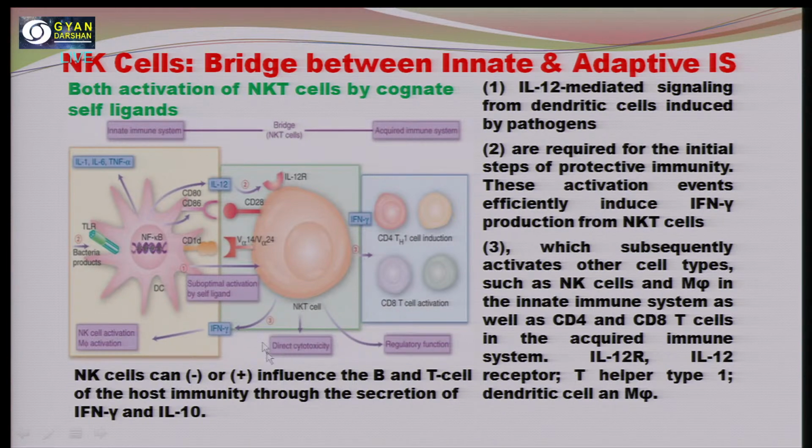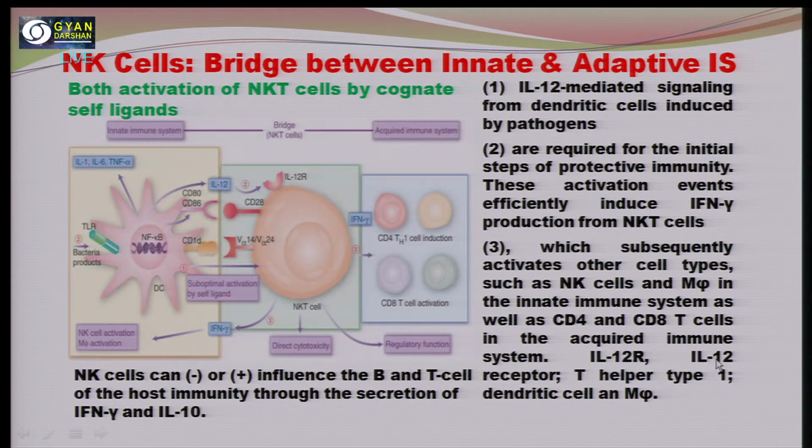So interferon gamma will activate your T cells, which subsequently activate other cell types such as NK cells and macrophages in the innate immune system, as well as CD4 and CD8 positive cells in the acquired immunity system.